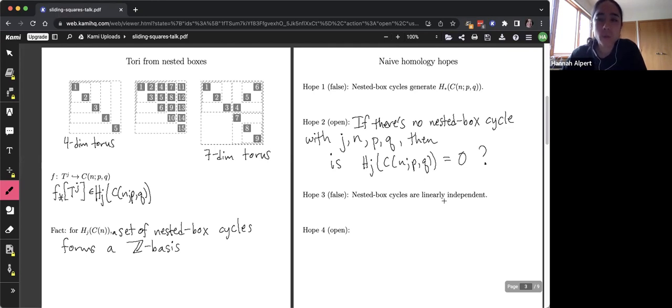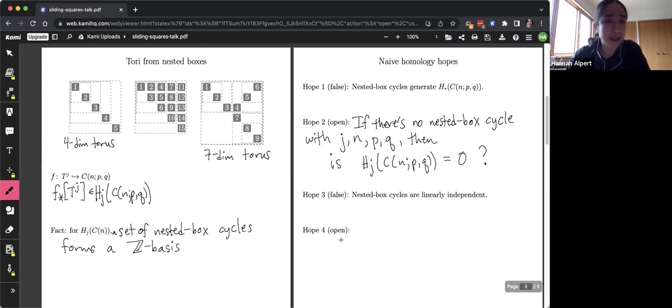So what you might actually want is something a little bit more refined than this, to say that if there's not sort of an easy reason why they should be linearly dependent, then they really are linearly independent. I don't know exactly what that formulation would be.